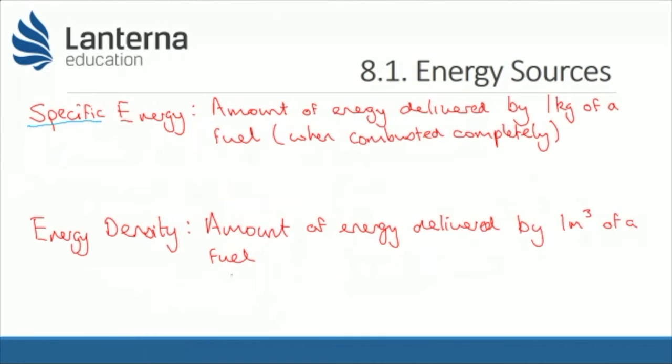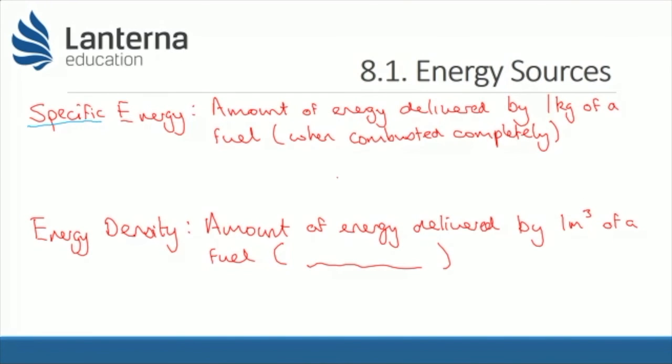Now we could use either, but if you think about the difference between specific energy and energy density, if we know the volume of fuel that we're going to be combusting, that's more useful for working out the size of a reactor we need, and how much storage we'd need to have enough to provide for the daily requirements. So the energy density is in a lot of ways much more useful to us than the specific energy.